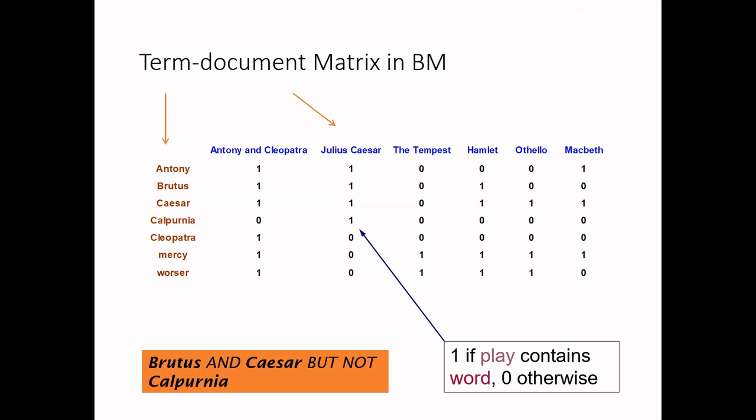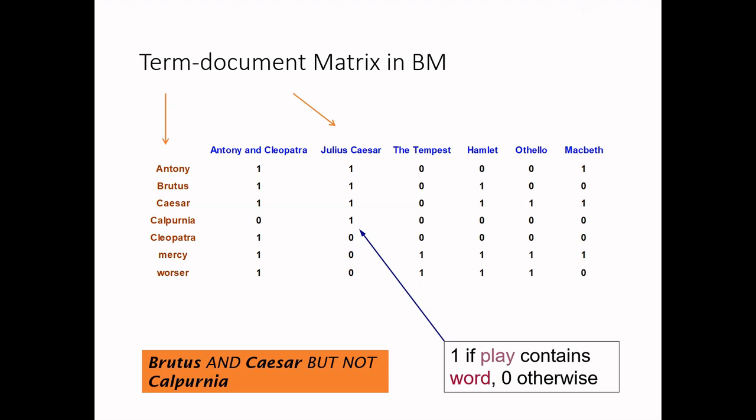These are nothing but the dramas that Shakespeare wrote. So these are the titles of Shakespeare dramas. If you go down in the first column, Antony, Brutus, and so on and so forth, those are some of the characters that appear in Shakespearean dramas.